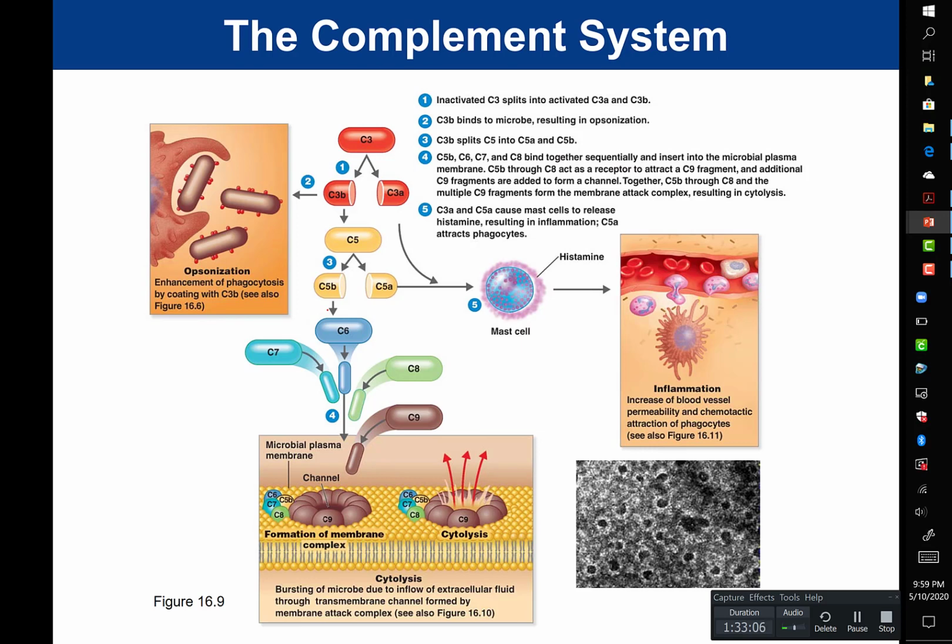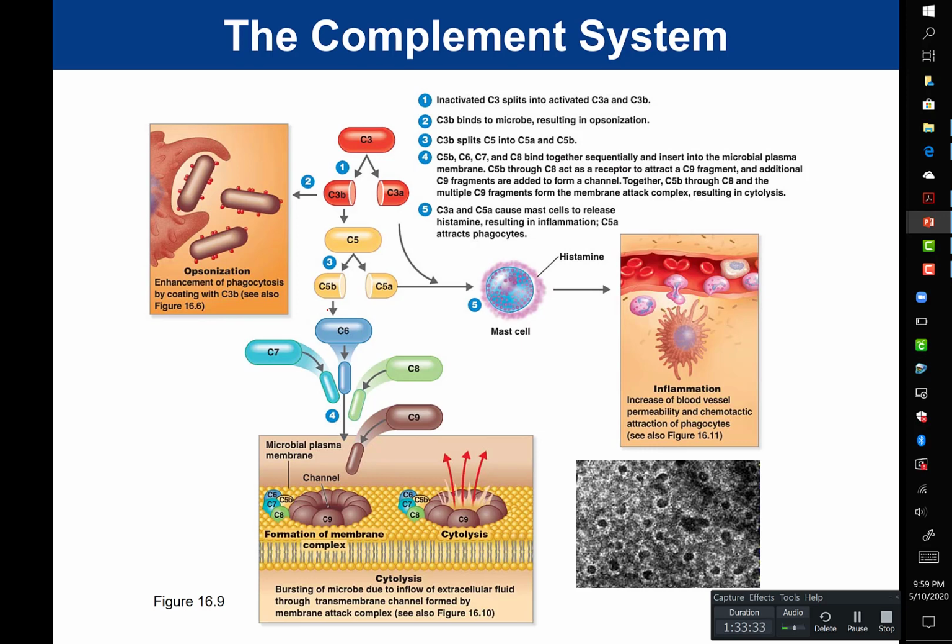It's going to make phagocytosis more likely because that complement is signaling to the phagocyte that it's foreign. We call that opsonization. It's basically marking that pathogen for destruction.